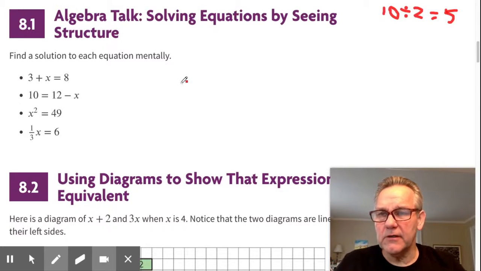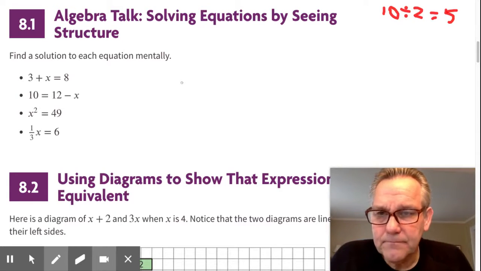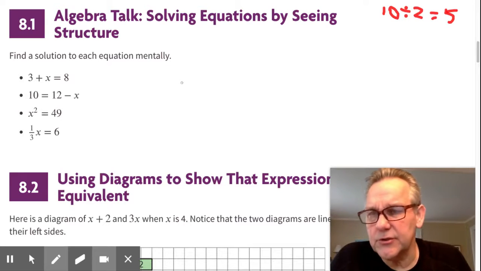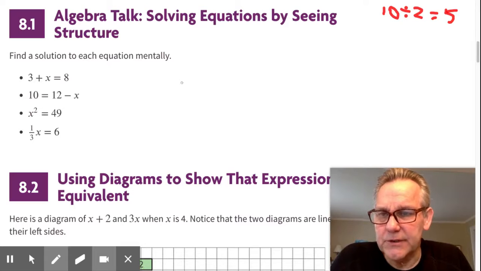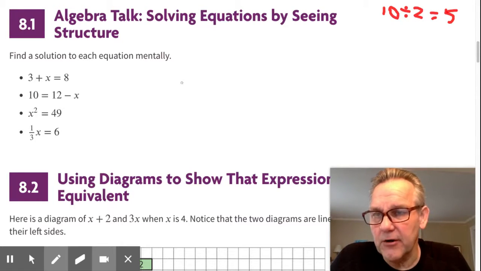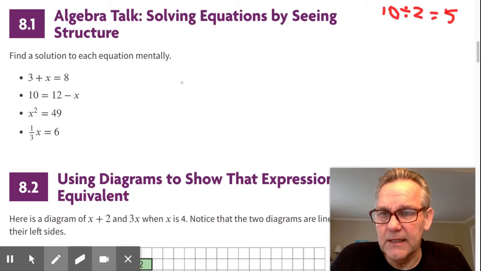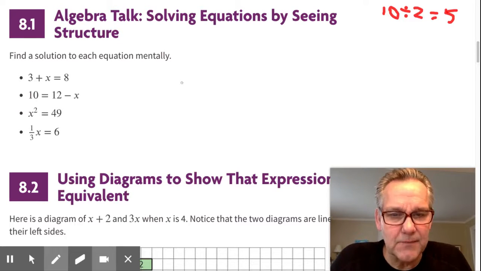So we start our lesson with an algebra talk. We're going to solve each equation by seeing the structure. And really, what we're learning is a language, boys and girls. Mathematics is a language, and algebra specifically is a part of that language. We have to learn the symbols, what the symbols mean, and what certain things mean. And sometimes it looks a lot more complicated than it is. I know you can do the first two.